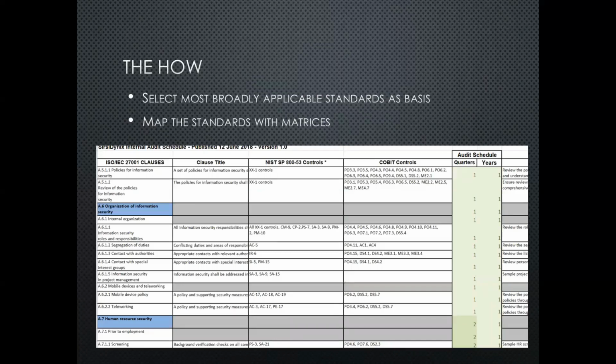So going on to more of the how, concrete examples, one of the first things that you need to do in your program management is to identify what the most broadly applicable standards are for your organization. This is, of course, assuming that the understanding is there that compliance with a particular security standard will benefit your organization.